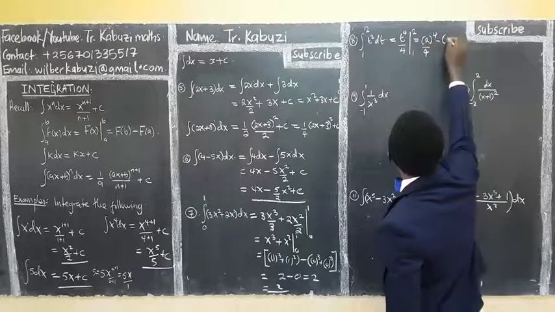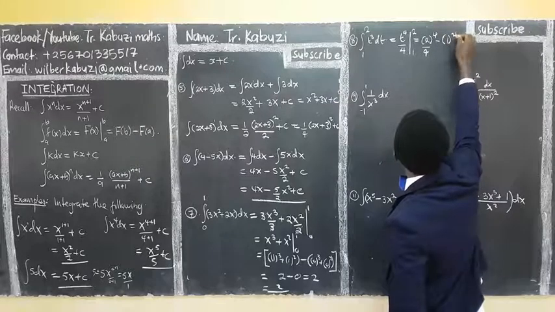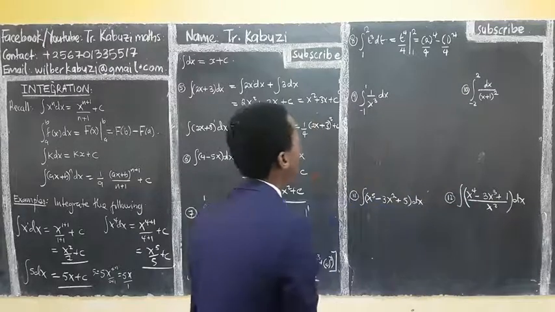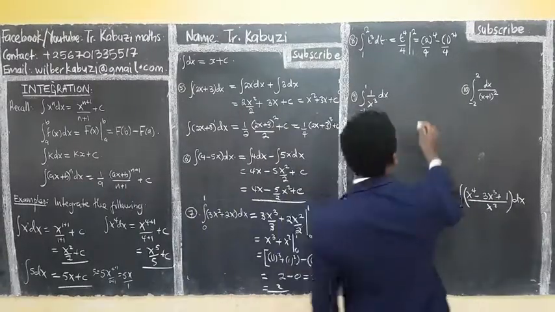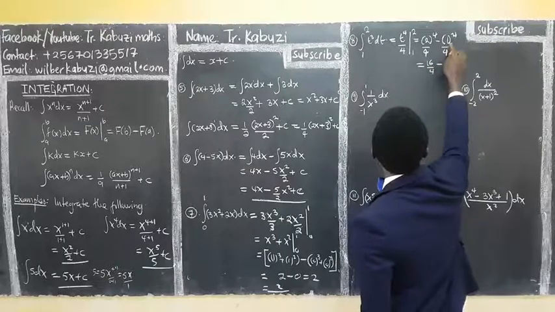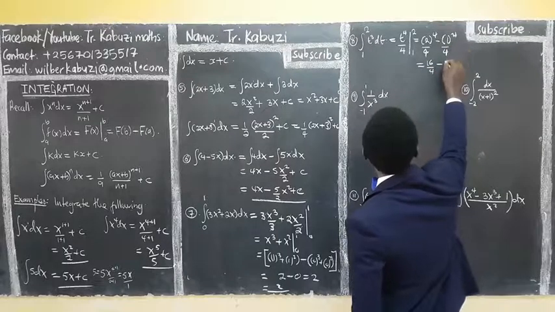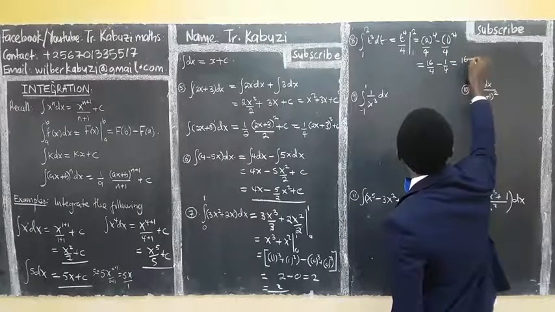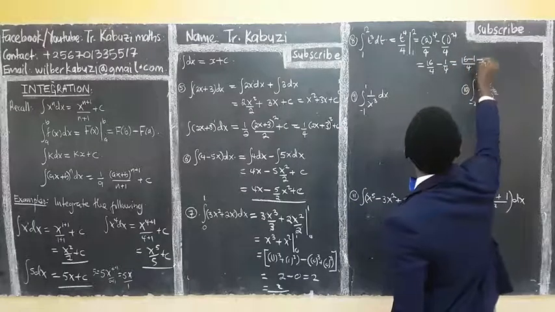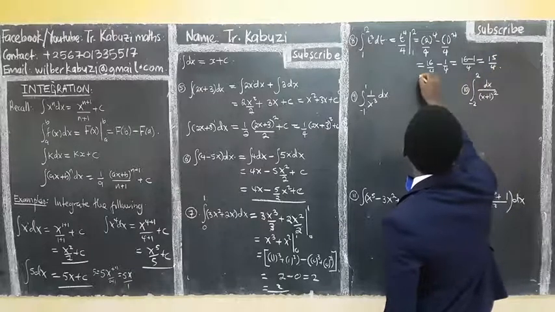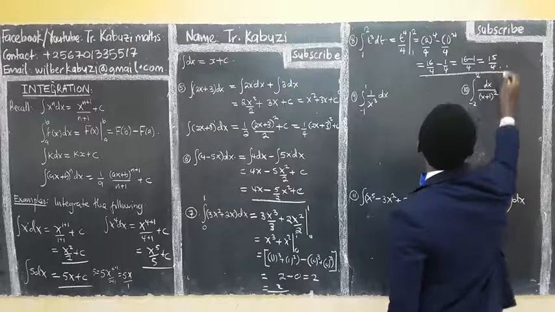Then we simplify that. 2 power 4 is 16 over 4, then minus 1 power 4 is 1. If we simplify, we shall have 16 minus 1 over 4, which will give us 15 over 4, and that will be our answer there.